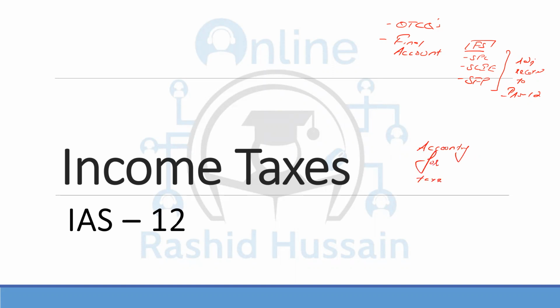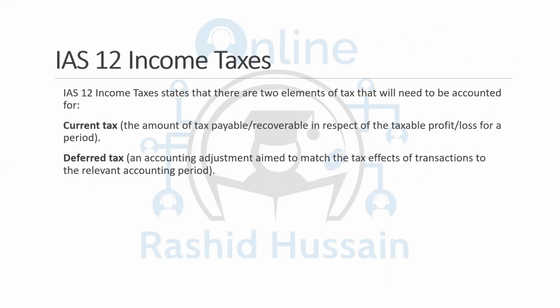When you talk about companies, obviously they're supposed to pay the tax. When they're supposed to pay the tax, they will be accounting for those taxes. They will be recording those taxes within the financial statements. How those taxes are recorded within the financial statements is described within IAS 12. So IAS 12 is basically the accounting for taxes.